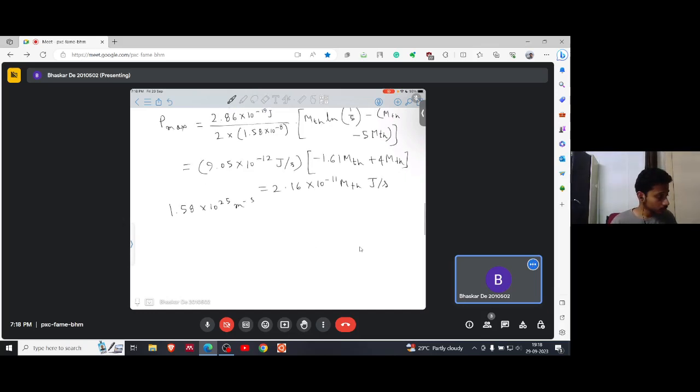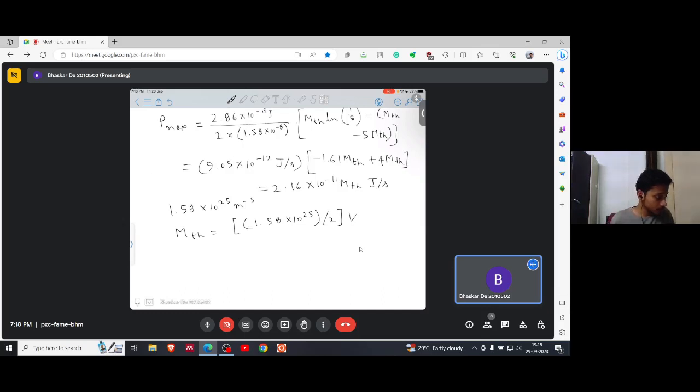Now the m_th will be 1.58 into 10 to the 25 by 2 multiplied by V. Here we are dividing the concentration by 2 because, in order to have a population inversion, at least half of the concentration should be pumped to the upper laser level. So that's why we are dividing it by 2, and then this V. V is the total volume occupied by the laser mode within the rod.